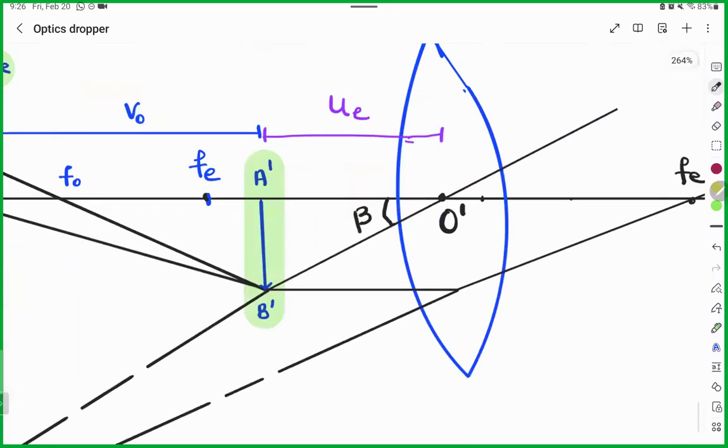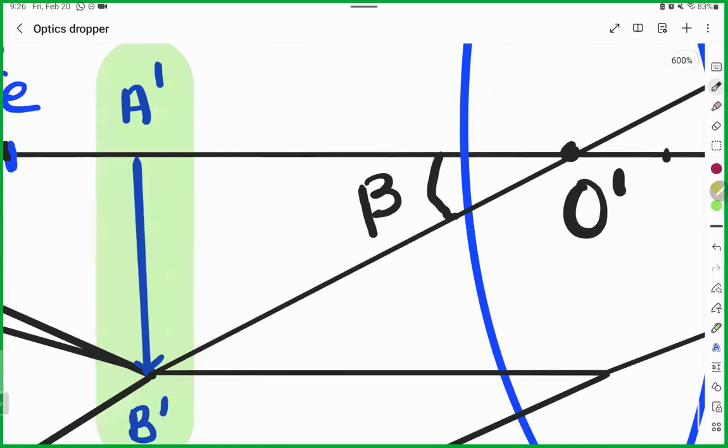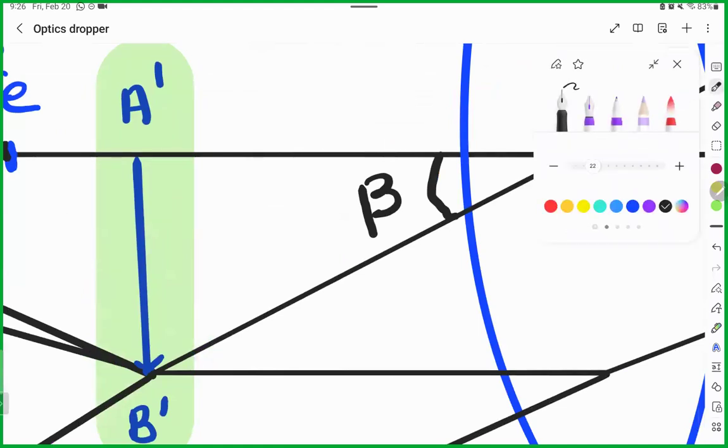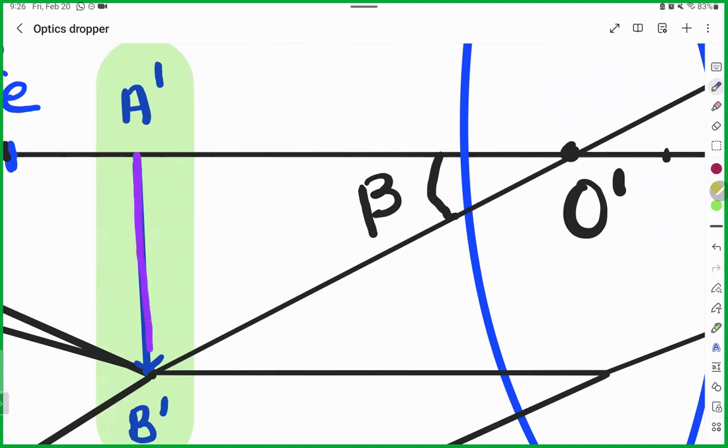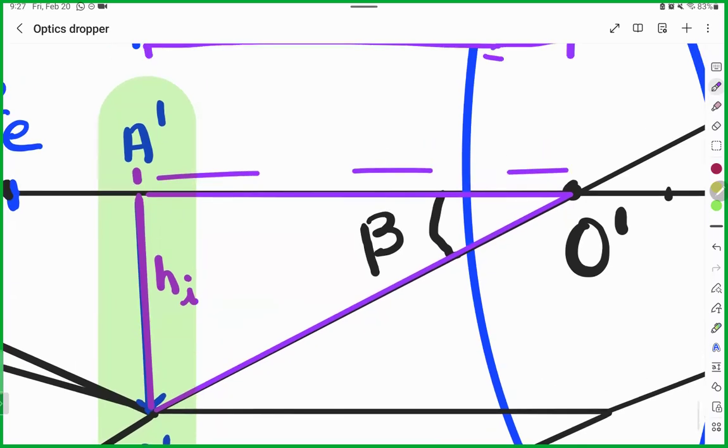If you calculate beta here, if you consider this triangle, this is the height of the image, and this distance is equal to UE.